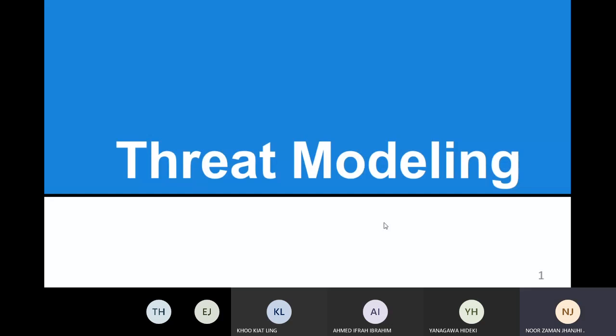This is one of the most important concepts in secure software systems, secure software engineering and secure software development, in all of them. Before we start, we will try to understand what secure software system threat modeling actually is.